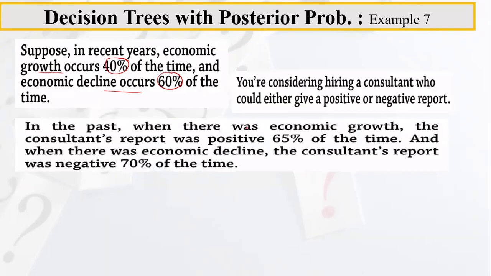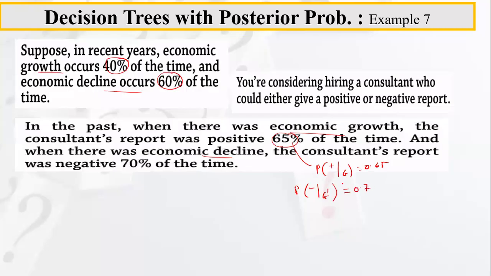Positive report during economic growth is 0.65. So what is it actually? Probability of positive given the growth equal to 0.65. Okay. Consultant report negative, probability of negative given decline, so growth complement, equal to 0.7.